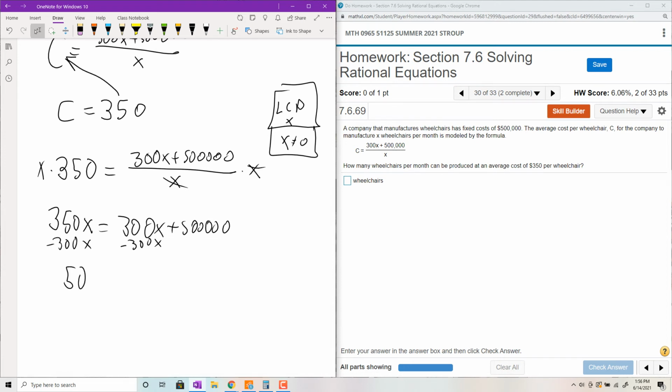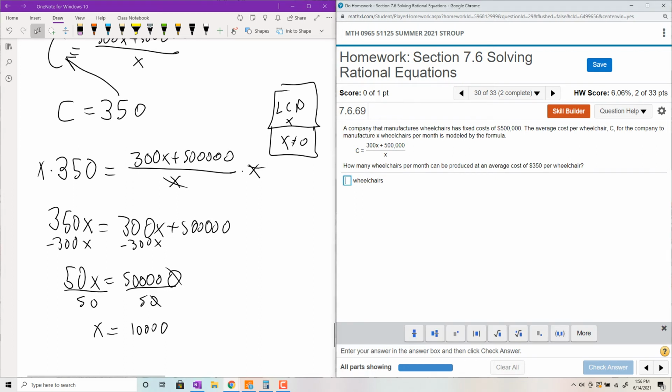I get 50x equals 500,000. And then divide both sides by 50. And you get x equals, one of those zeros will go away, so 5 and then 1, 0, 0, 0. It looks like about 10,000 wheelchairs per month. A lot of wheelchairs, unless I messed up my arithmetic there.